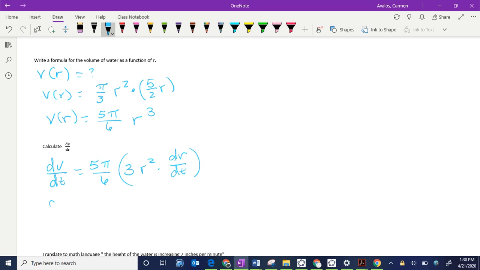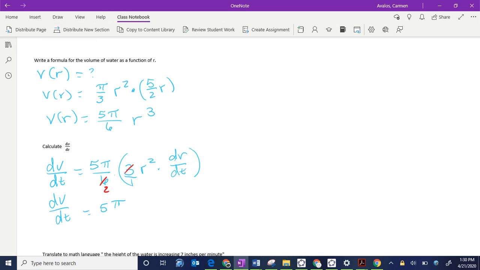And then when we have this, it's going to be dv dt. This is over 1, so we're going to have 15. Well, actually, we could reduce this, right? Because it's just like reducing a fraction. And so I know that I could reduce that, and that's just going to be 2. So make it much easier for us. We're going to have 5 pi over 2.